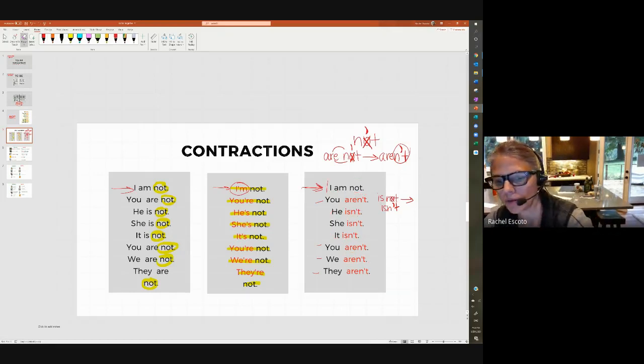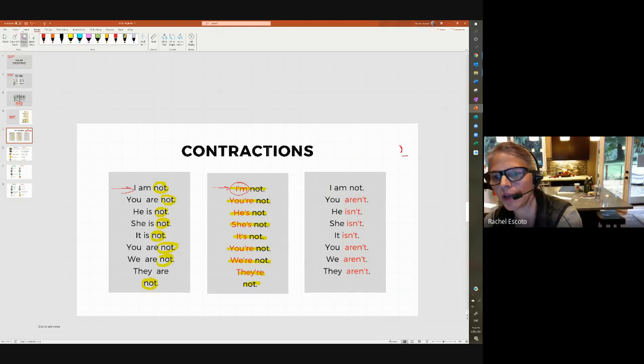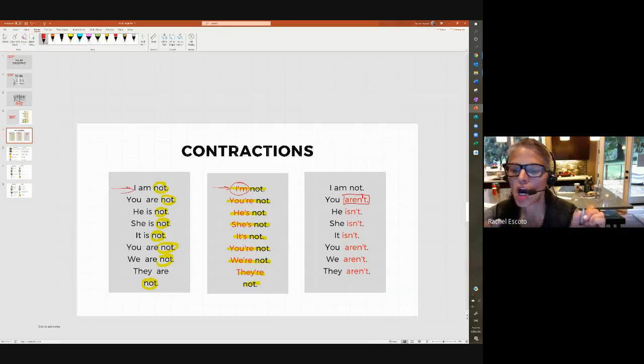Okay, I'm going to erase and we're going to look at that one more time, just to make sure you're getting it. Let me erase all of my writing. Okay, so remember we're combining the are and the not, and we're taking out the O and we're getting aren't.